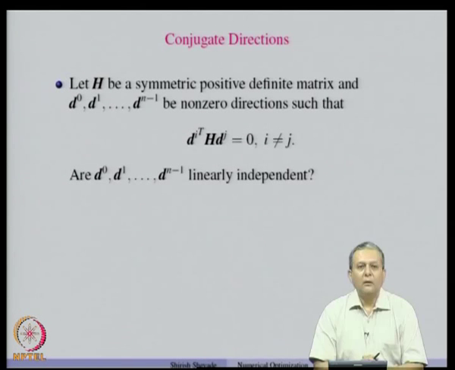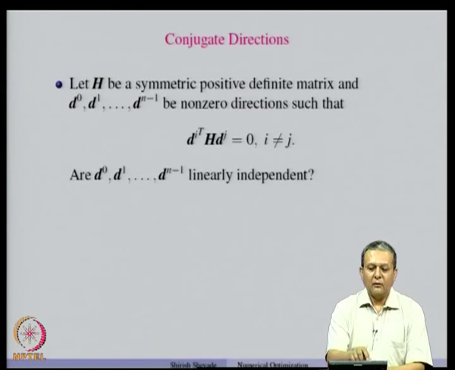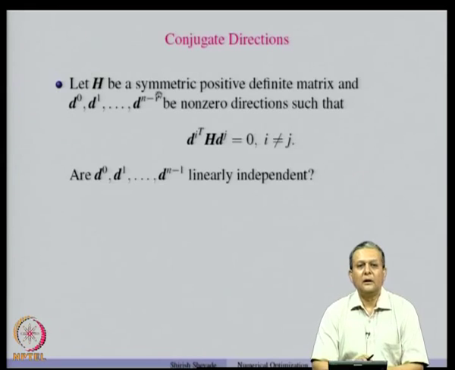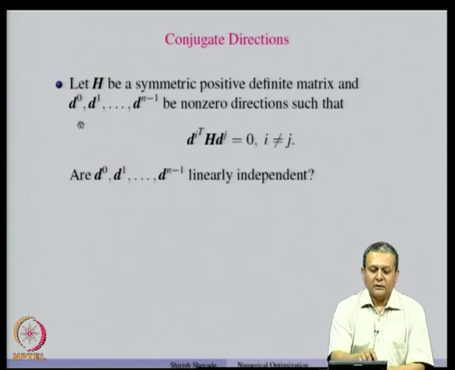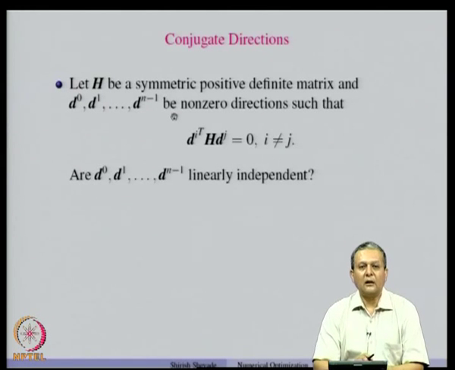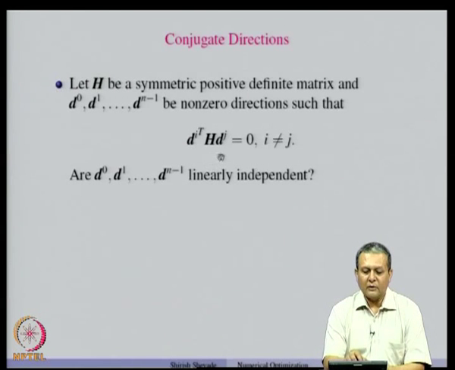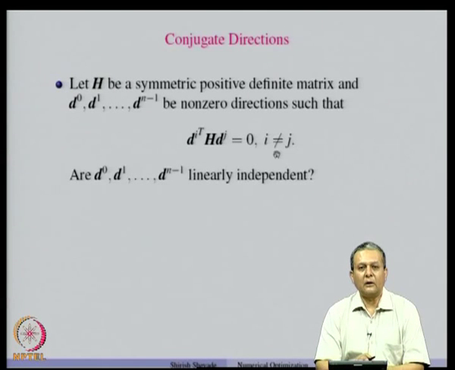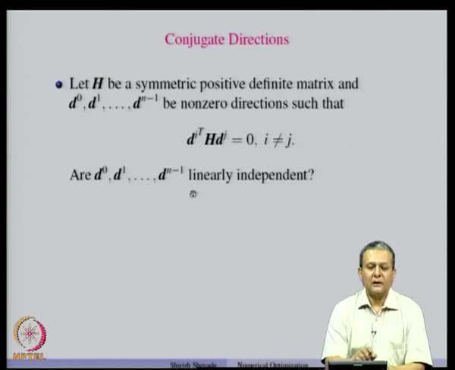Now, let us look at some other properties of conjugate directions. Suppose we have H to be a symmetric and positive definite matrix, and suppose d0 to dn minus 1 are non-zero directions such that di transpose H dj is equal to 0 for all i not equal to j. Then the question is: are these directions linearly independent?